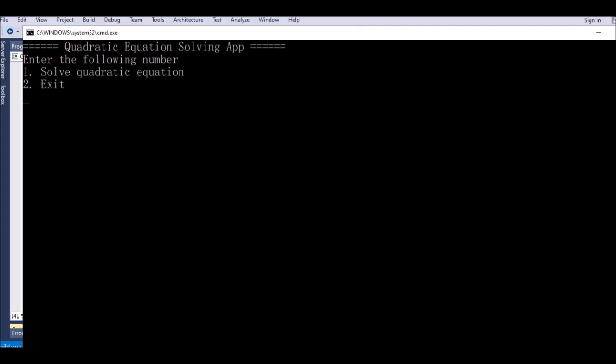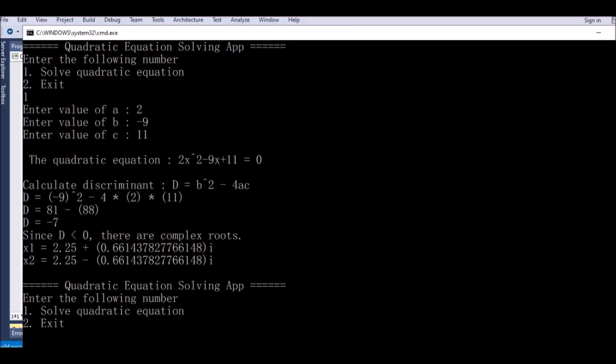So number 1 say solve quadratic equation, and number 2 for exit the program. So to test that, I just put the number 1, and for example I put 2 and minus 9 and 11.